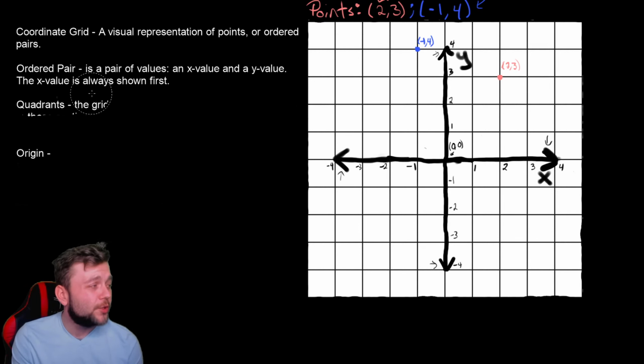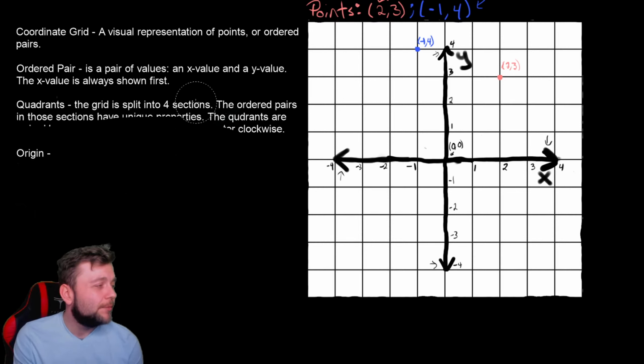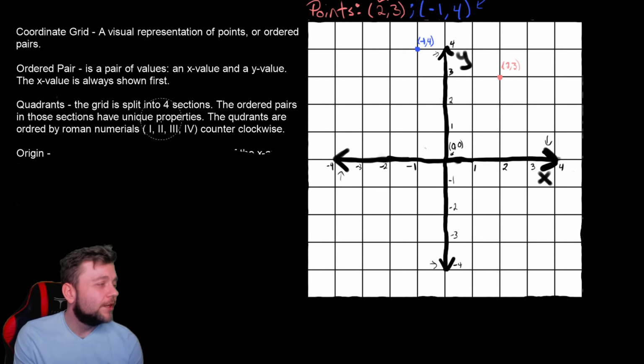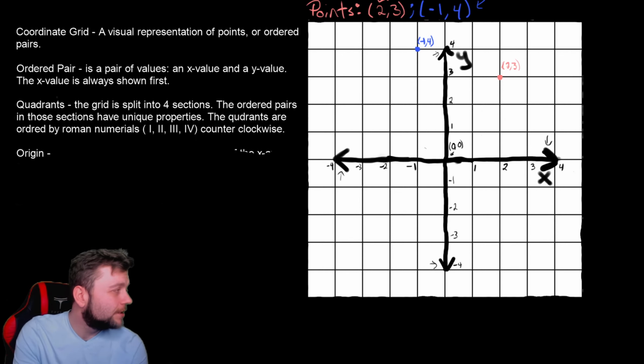We have quadrants. So what is a quadrant? The grid is split into 4 sections. Yeah, this is a bigger definition. And those sections have unique properties. The quadrants are ordered by Roman numerals 1, 2, 3, and 4. So let's go ahead and graph our quadrants.